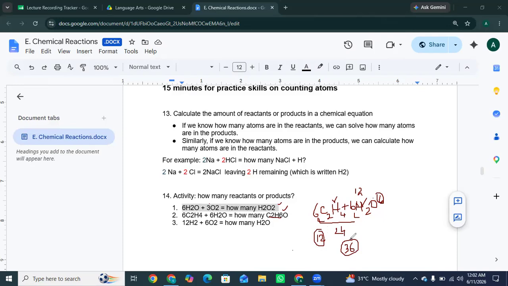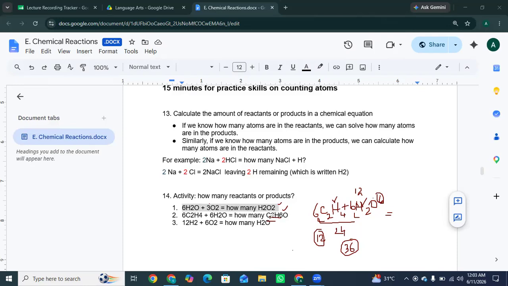So figure out the missing front number. We need to make C2H6O, which is this. Okay, students? Look at just carbon to make it easy. Each package needs 2 carbon atoms. We have 12 carbon atoms total.